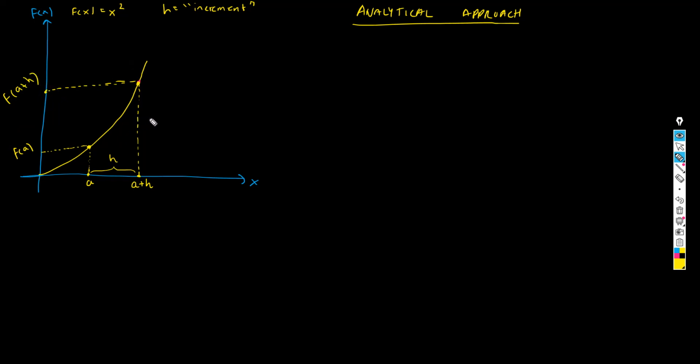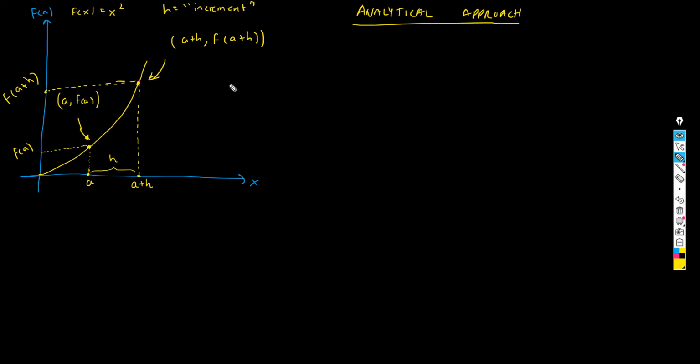Okay, and so basically, the coordinates of this point are a plus h, comma, f of a plus h, and the coordinates of this point, that one, are a, comma, f of a. So we have the coordinates of both points.